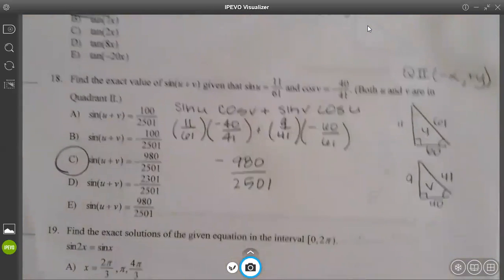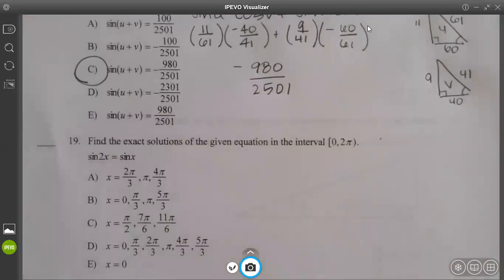Find the exact solution on the interval. How do I do that? How do I find exact solutions? You can graph both sides, but that's going to be a little bit harder because they're both going to be those curves and they're going to kind of overlap.